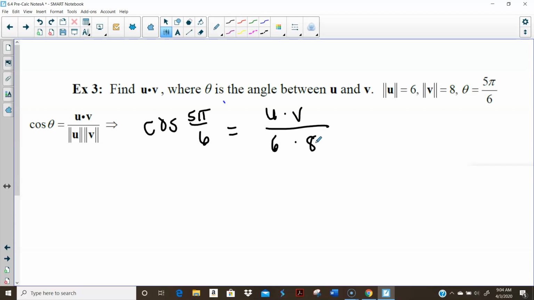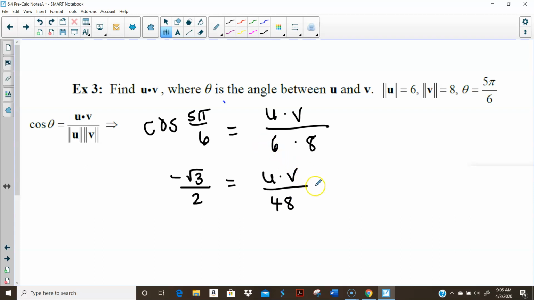We know what the cosine of 5 pi over 6 is. We're in the second quadrant. The reference angle is pi over 6. So that's going to give us negative root 3 over 2, since we're in the second, equals u dot v over 48. Again, all we're doing is trying to solve for u dot v.